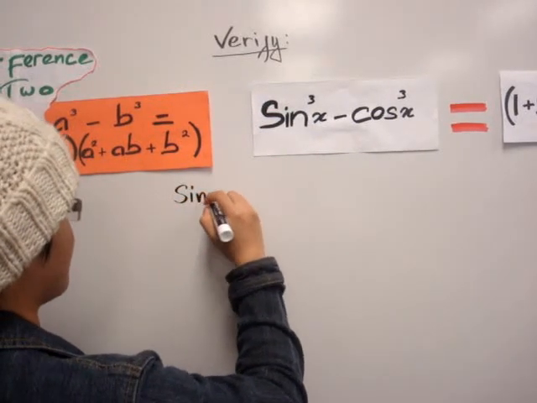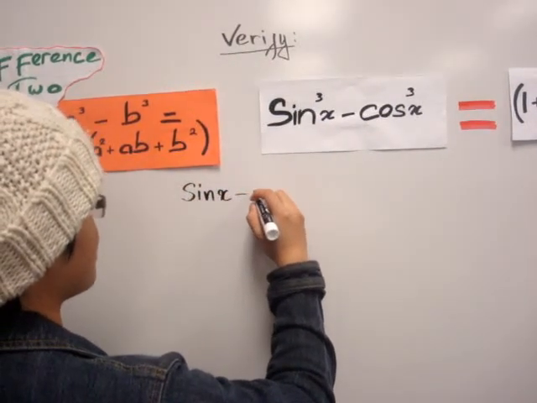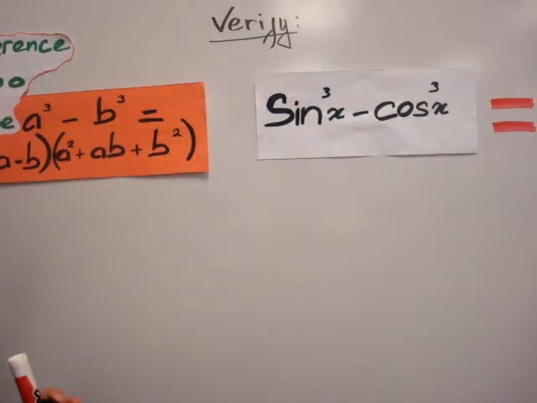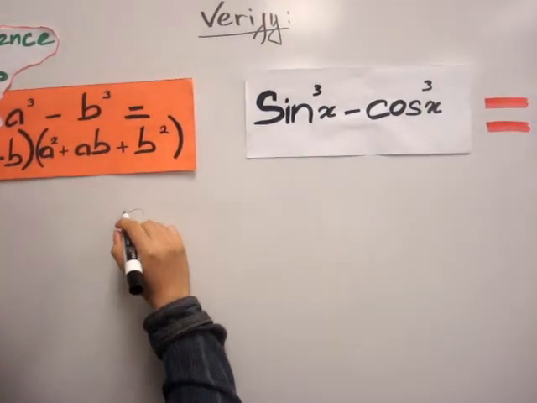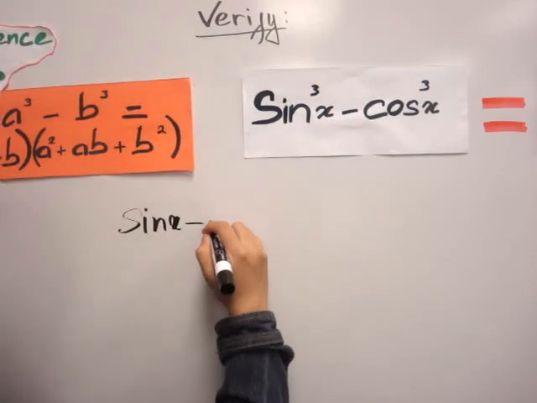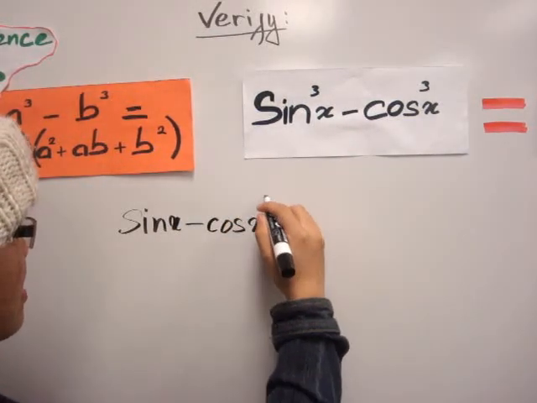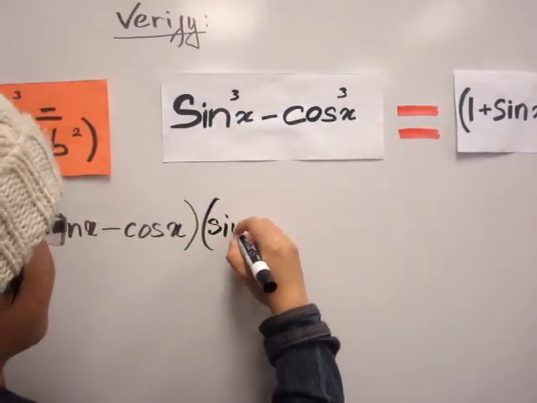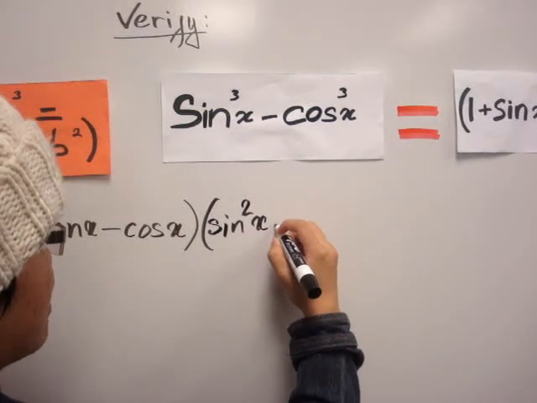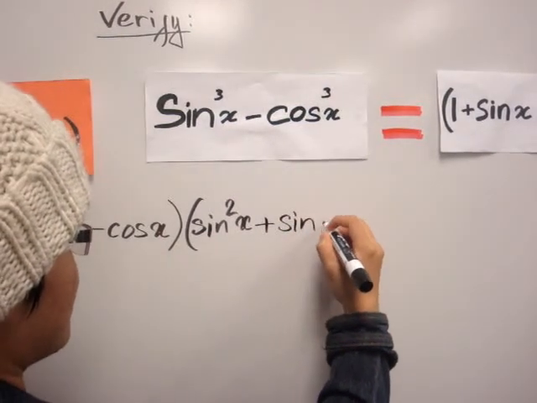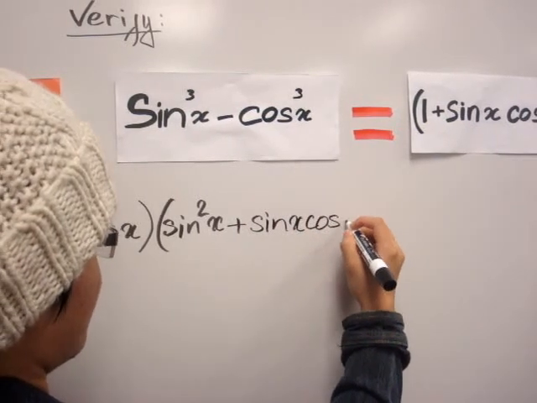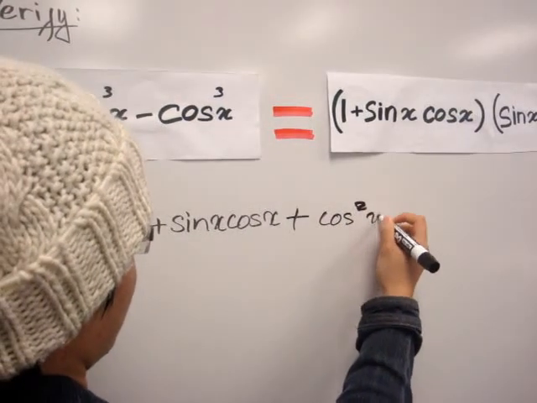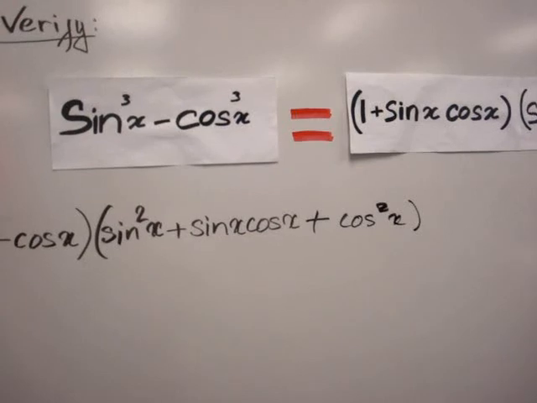Sine x minus cosine x, and it's going to be sine x minus cosine x, all times sine squared x plus sine x cosine x plus cosine squared x.